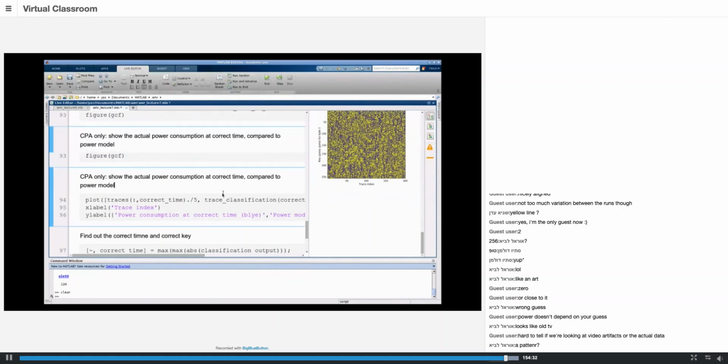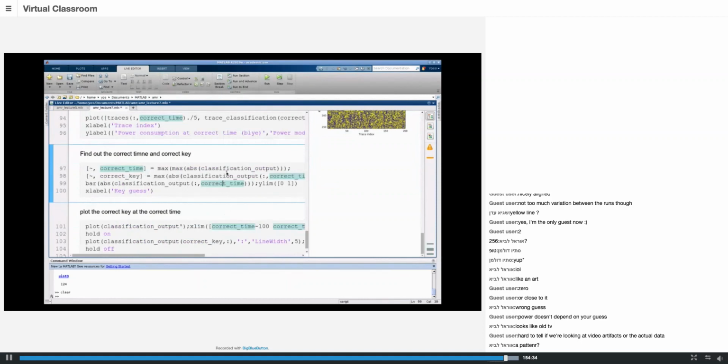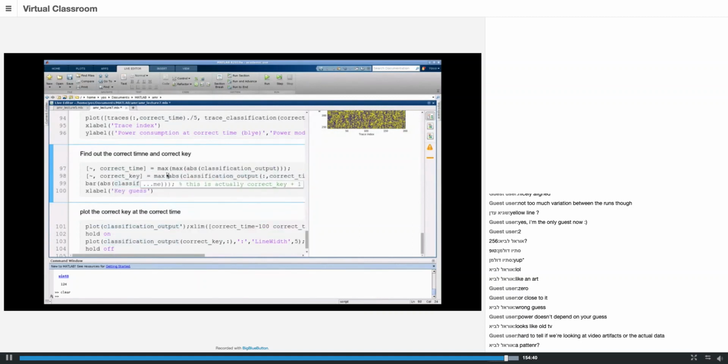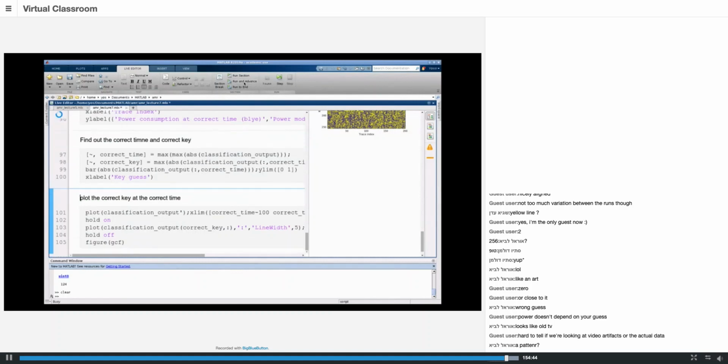Okay, I'm going to find out the correct time and the correct key. So I'm just finding where is the row with the maximum and where is the column with the maximum. And I'm just going to plot the key guess at the correct key. Oh, this is really bad.